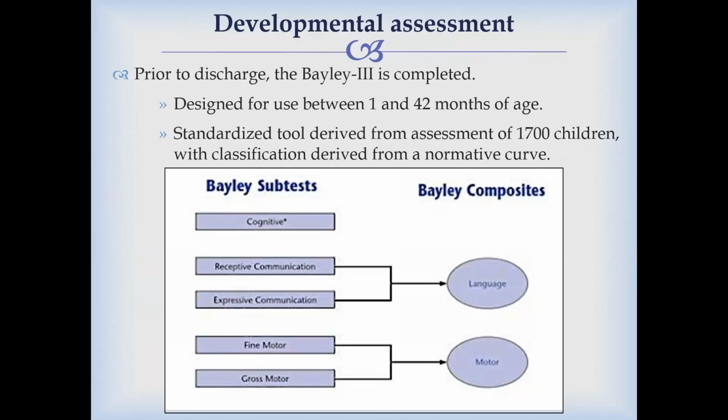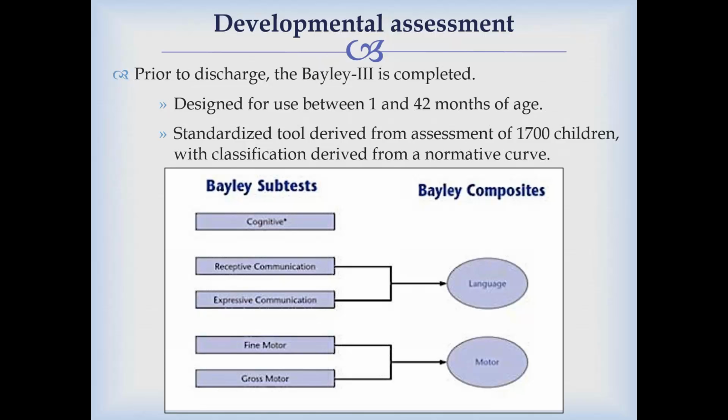So the Bailey, just to review for you, the Bailey 3, there's a Bailey 2 out, but the latest one is the Bailey 3. And it's designed for use for infants between the ages of 1 month to 42 months. It is a standardized tool that is derived from the assessment of 1,700 children with classifications derived from a normative bell-shaped curve.